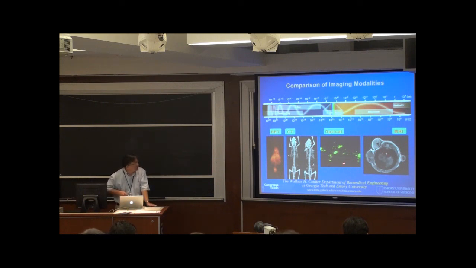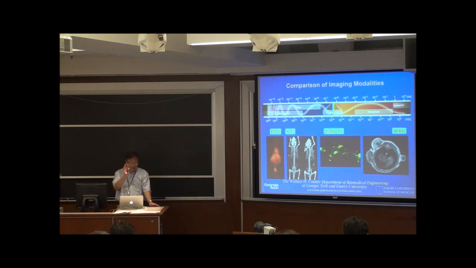Optical imaging is widely used in visualizing what's going on in cells. It is light-based, so if you try to get images in deep tissue, you actually have some limitations, because whatever light you use, the depth of penetration is very limited, right?